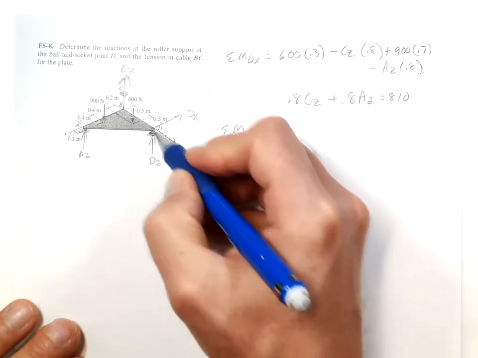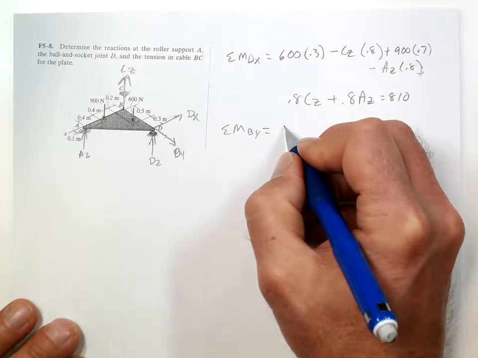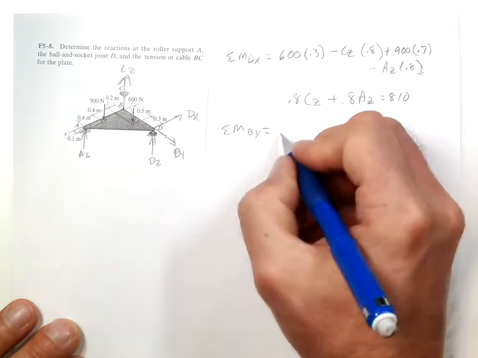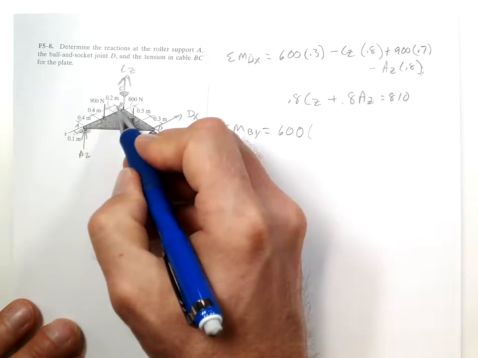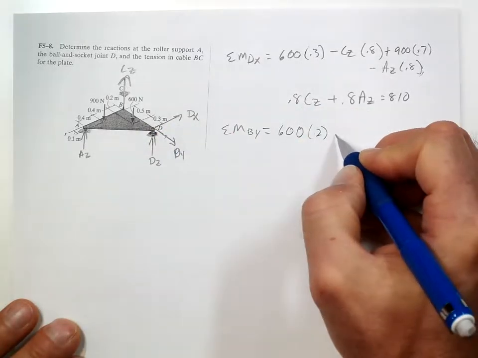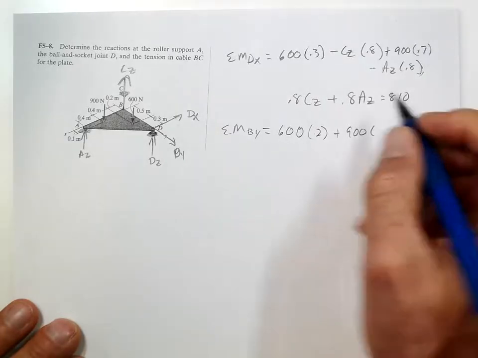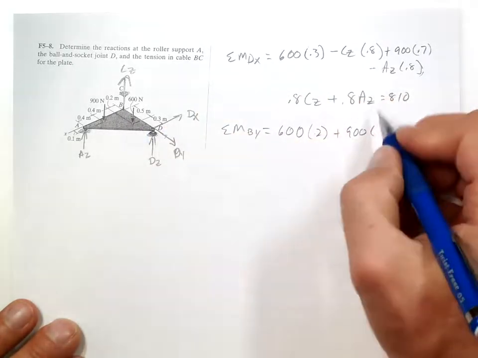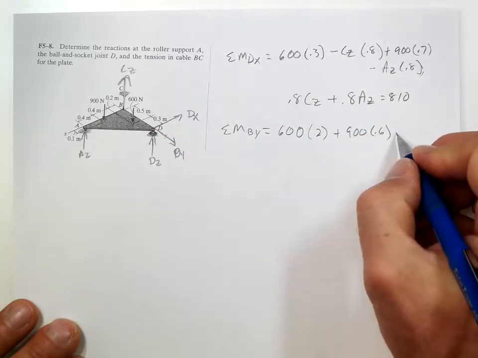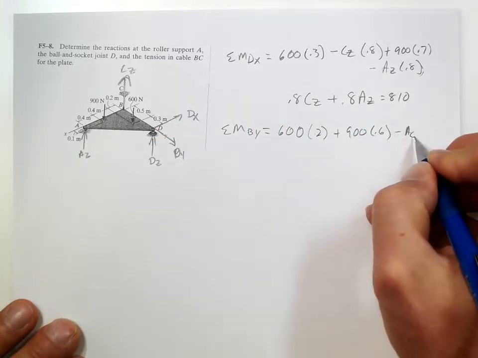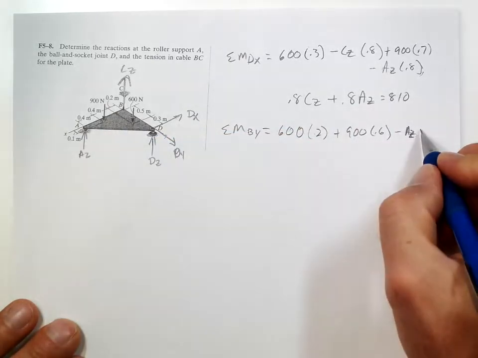So if I sum the moments about B in the y direction, or on the BD axis, I got 600 times that length, 0.2, plus 900 times that length, 0.6, equals AZ times that length, which is 1.